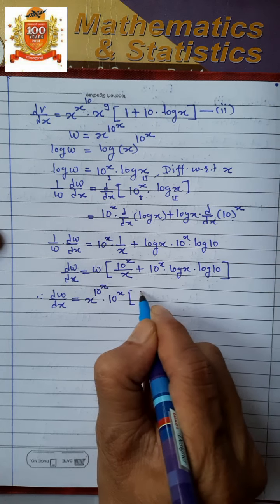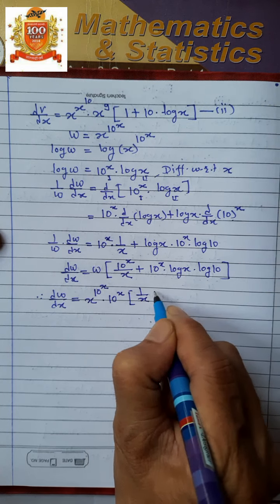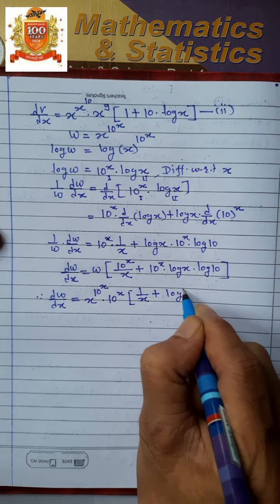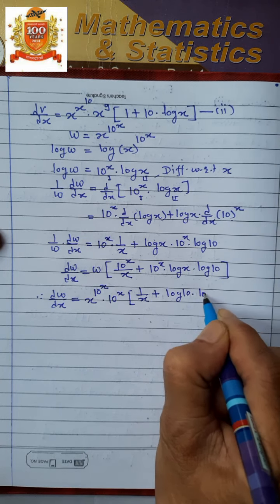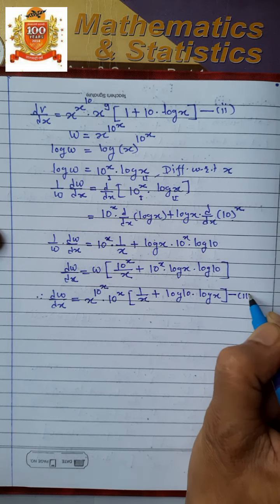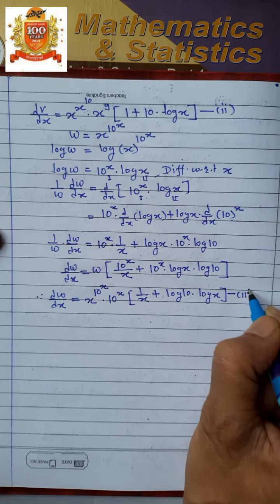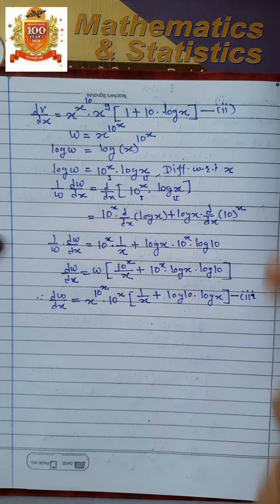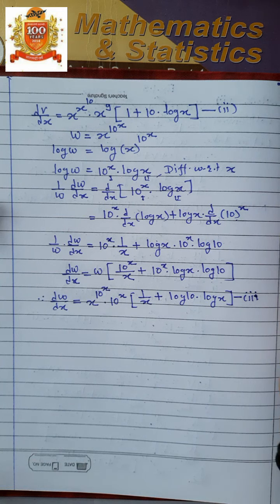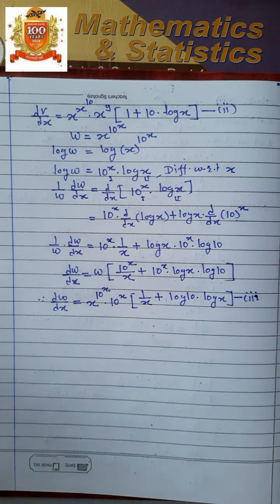In bracket we have 1 upon x plus, you can write this as a log of 10 into log of x. Denote this as first, second, this is third.